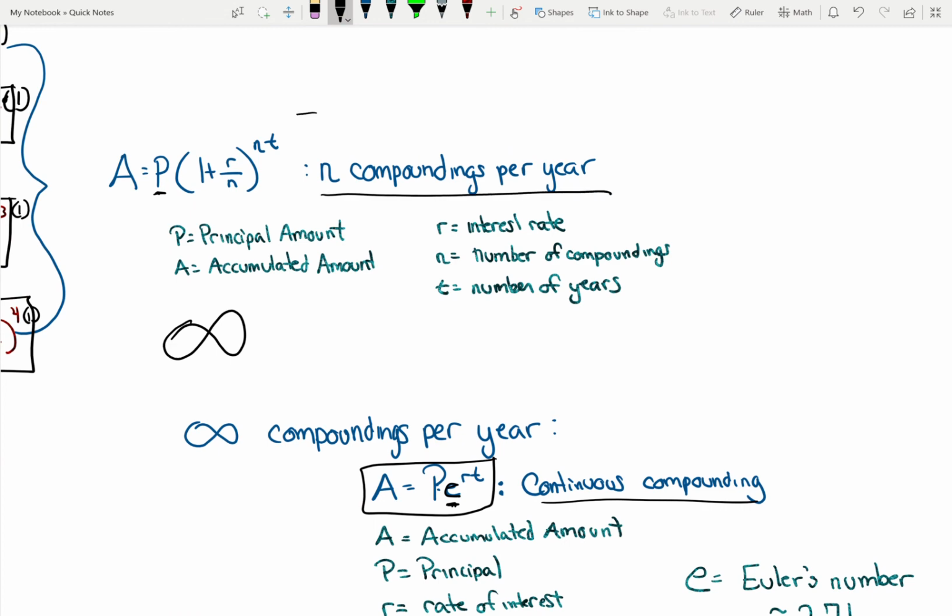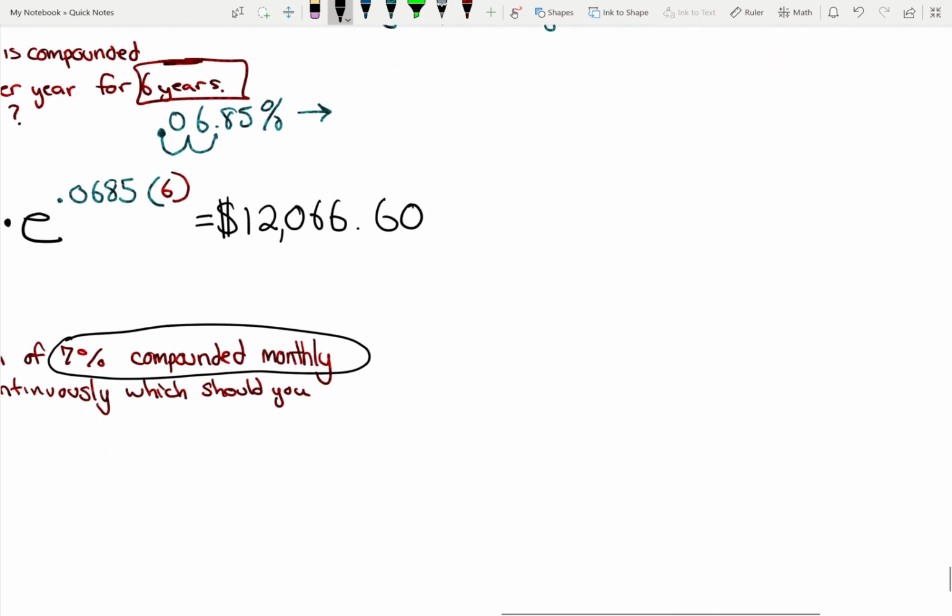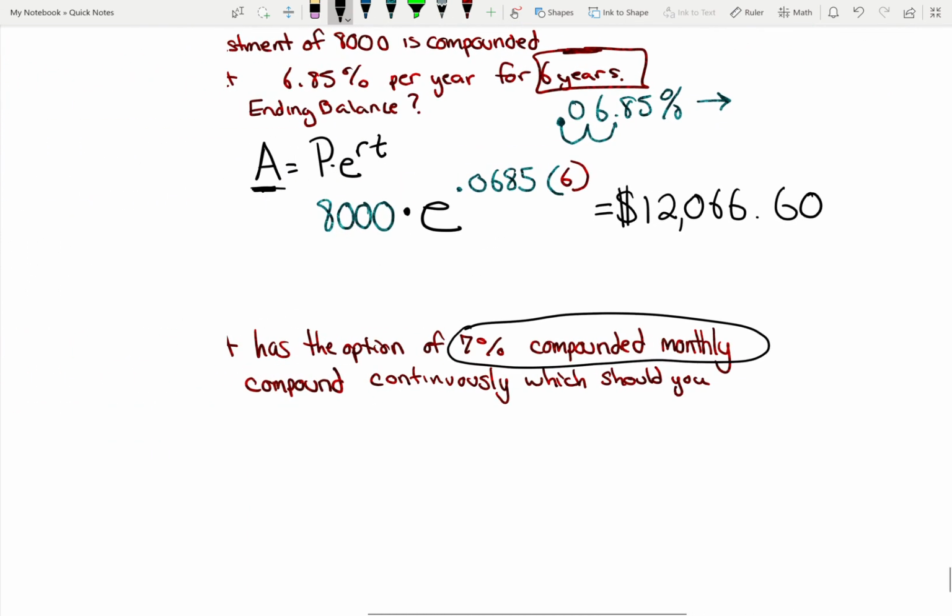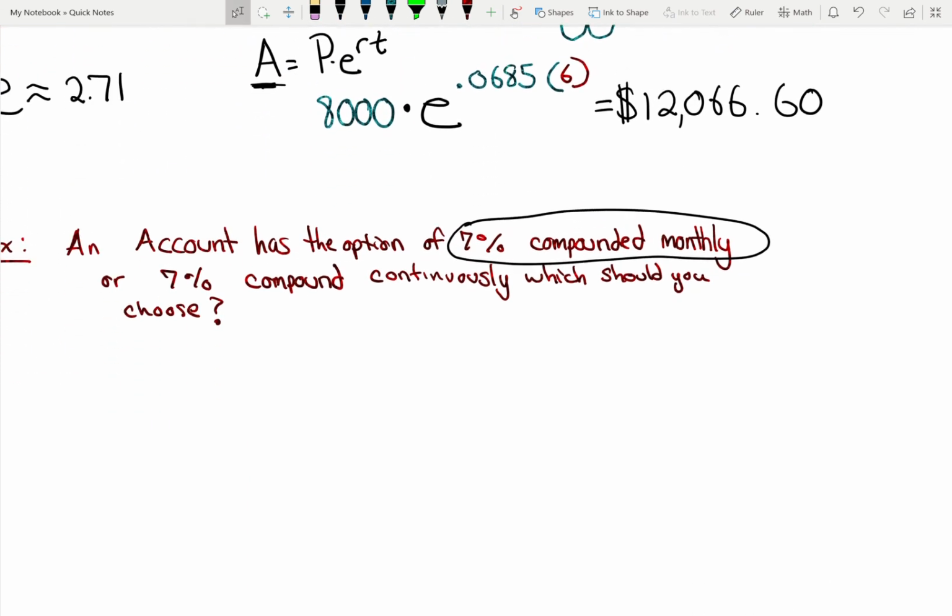So let's use this form: A equals P times (1 plus r over n) to the nt. Let's just pretend that this is good for 1 year, because the question wasn't really specific.